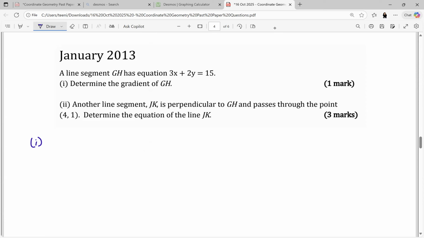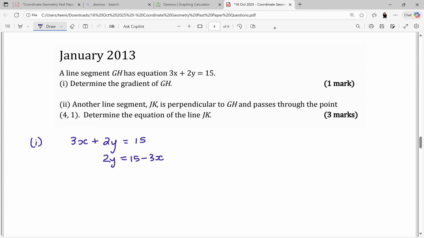So we have 3x plus 2y equals 15. To make y the subject, I'm first going to move 3x to the other side. So that would become 2y equals 15 take away 3x.